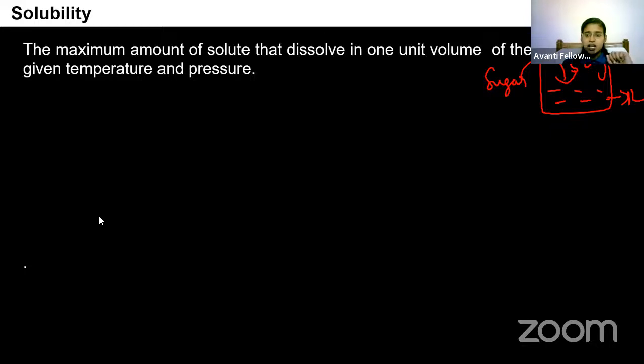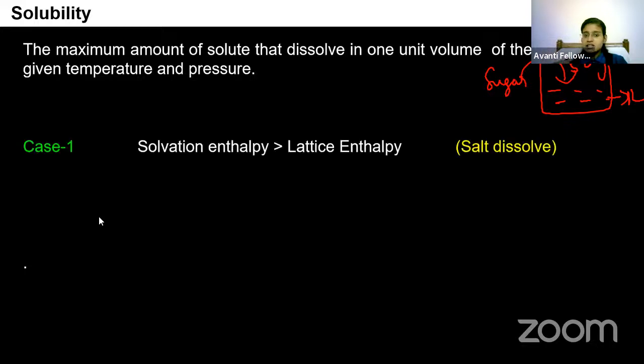Here, if the lattice enthalpy is less than the hydration or solvation enthalpy, then the given salt will dissolve. We do not know how many grams have to be added in a particular amount of solvent, so we are using the delta H value, the hydration enthalpy value and the lattice enthalpy value.